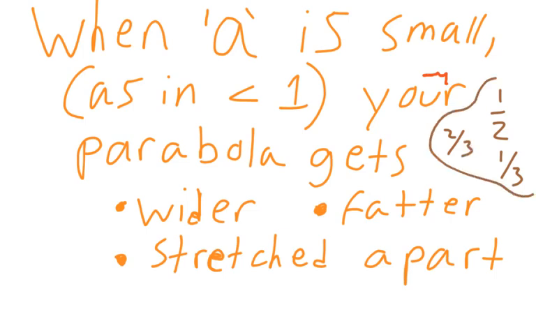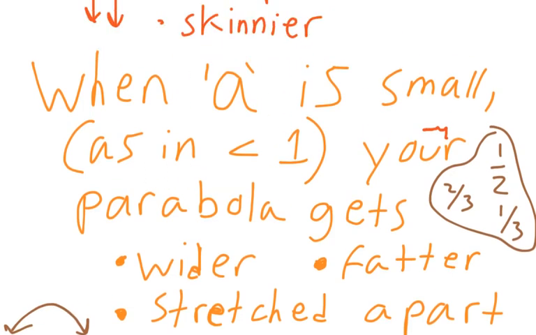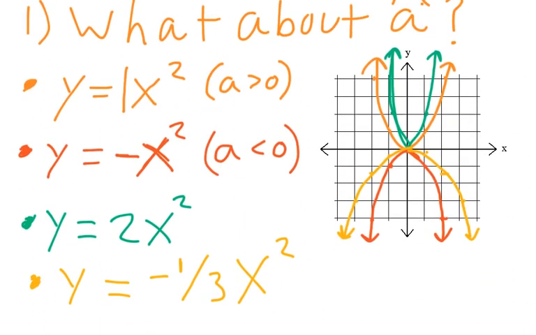Some fraction like this. Then your parabola gets wider or fatter, same thing, or stretched apart, so it's more like this, where it's kind of wider. So it basically opens up a little bit when your A is a fraction like that. So looking here, right, this third equation, bigger than 1, so it got skinnier. This one here is less than 1 because it's 1/3, it's a fraction, so it got wider and fatter.